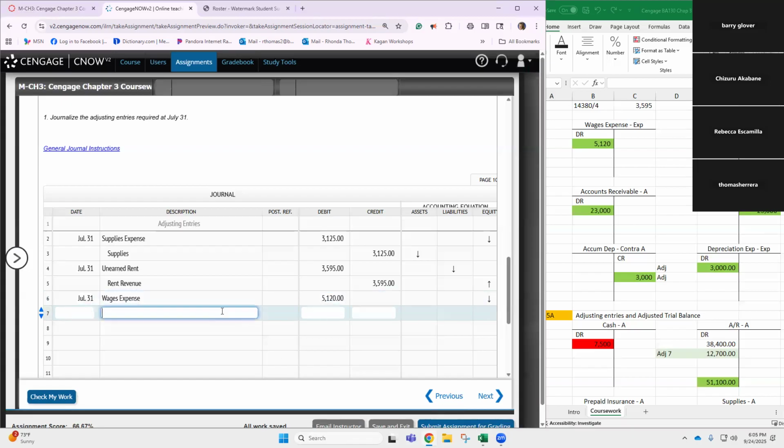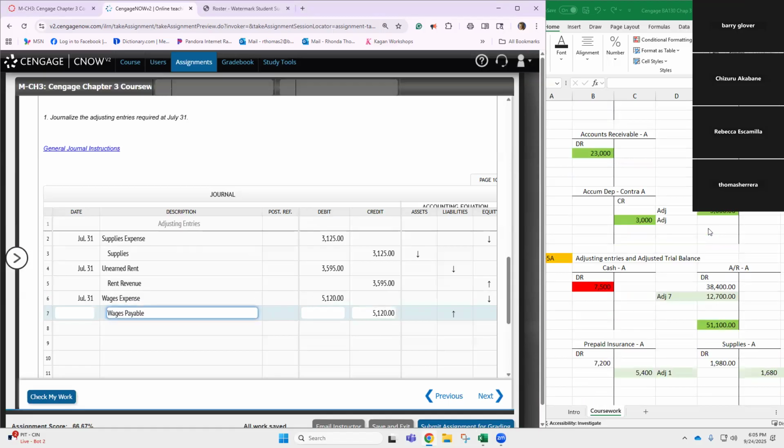Wages payable gets the offsetting credit of 51.20. Okay, let's put July 31st again. July 31st. The next one says fees earned, but we have some unbilled at July 31st.